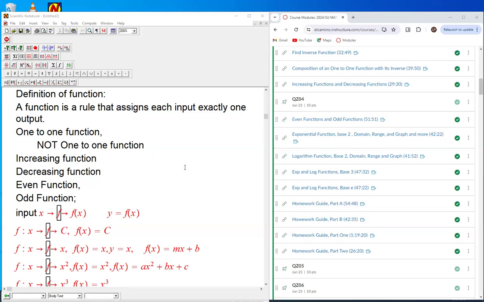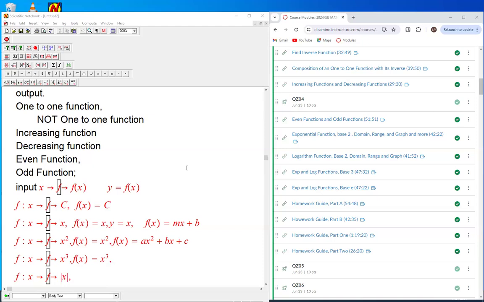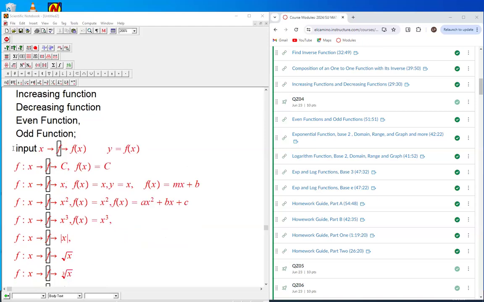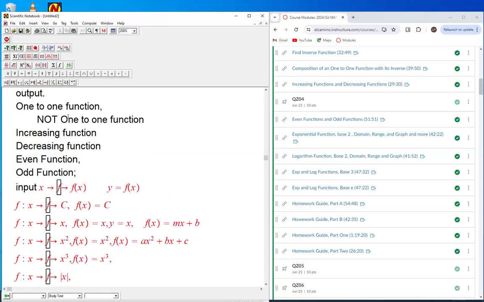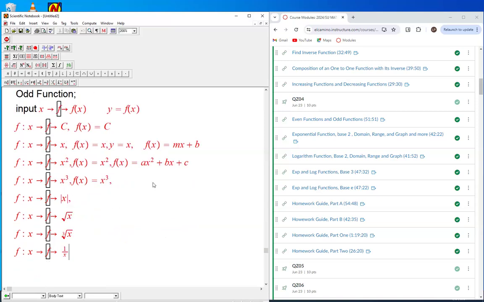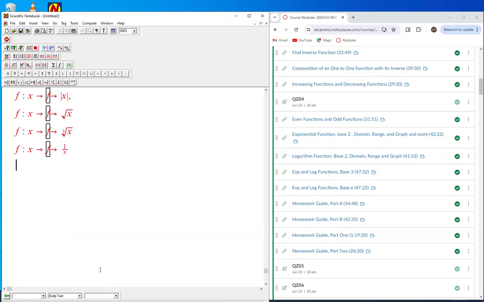Okay, so I hope you get the idea, right? So all under the function concept, under this rule, we have different kinds of functions: one-to-one, not one-to-one, increasing, decreasing, even, odd. And we apply these concepts to all of these different rules, and you use these rules very often in calculus. And so let's add to our rule, right?